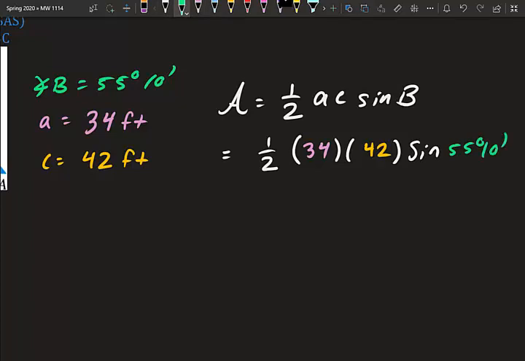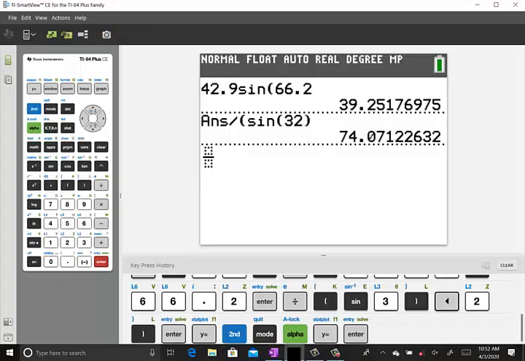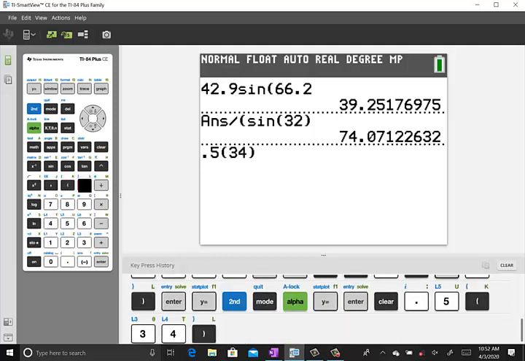So I'm going to actually show you how to plug this into your calculator. Alrighty. Pull out my calculator. Oh, we have the fraction bar already going. Awesome. You actually don't need it because you know 1/2 is 0.5. So 0.5 times 34 times 42.